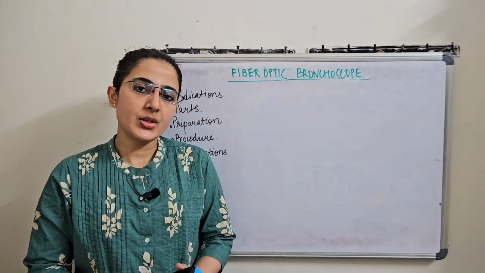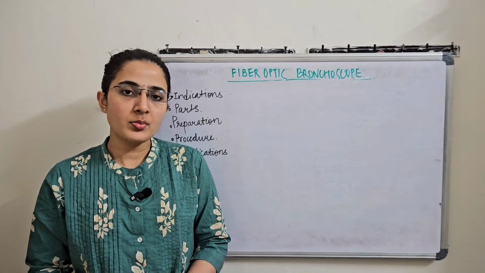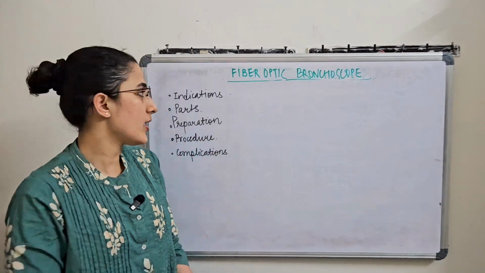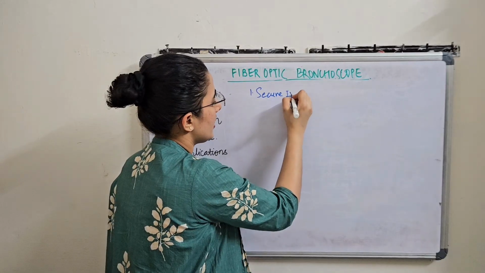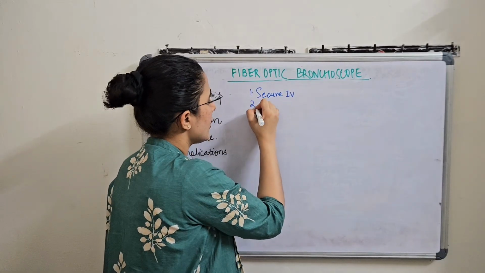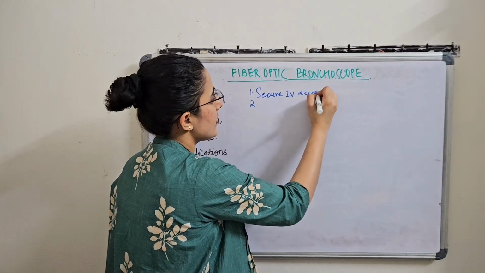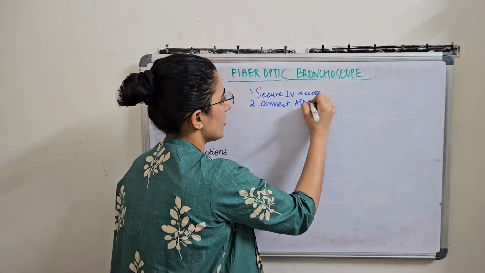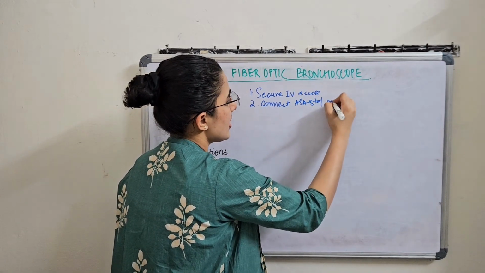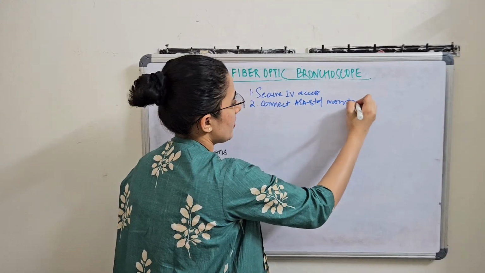To prepare the patient for a fiber optic bronchoscope, first we have to secure an IV line, an intravenous access. Second, we will connect the ASA standard monitors, that is ECG, blood pressure, pulse oximetry.